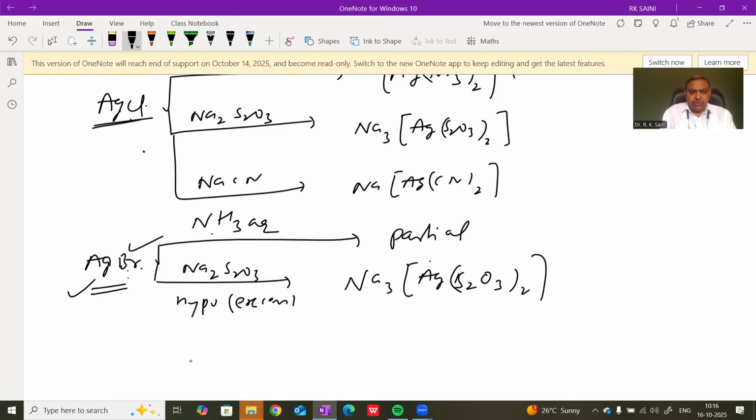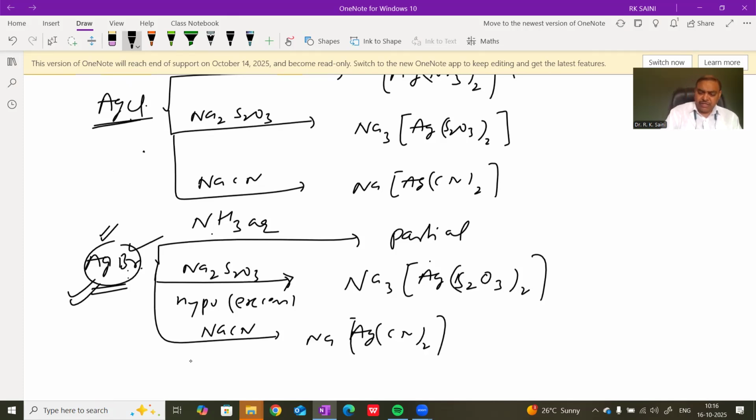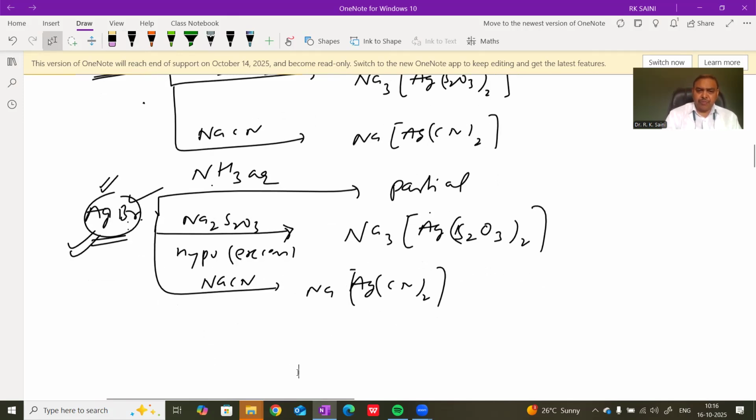This reaction is used for the removal of silver bromide from photographic film, and hence is used in photography. Silver bromide is removed by the use of hypo and changes into a soluble compound. This light yellow precipitate is also soluble in sodium cyanide due to the formation of a soluble complex. Now, a similar test for the dark yellow precipitate of AgI.